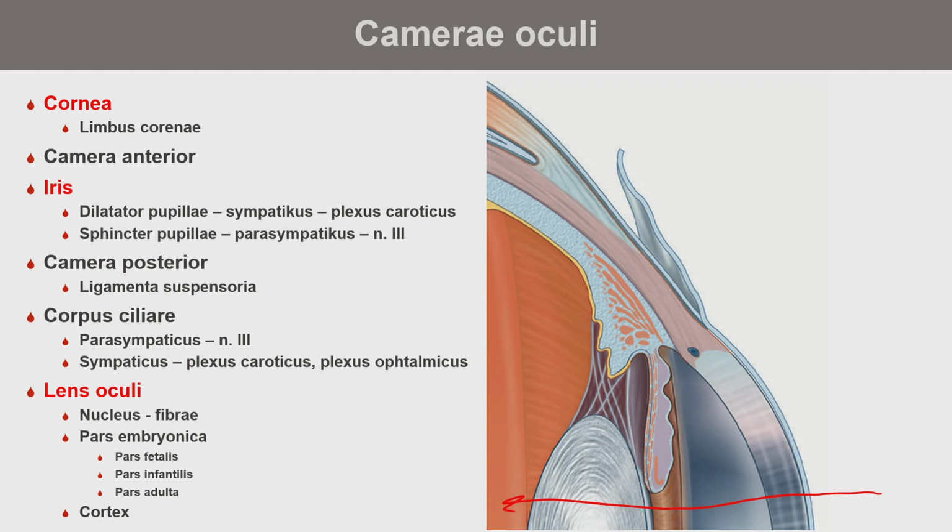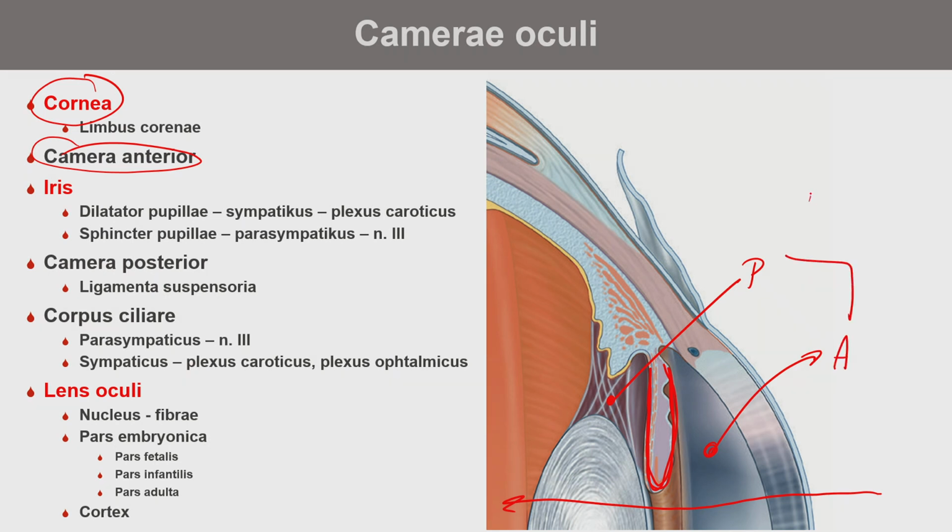The media are cornea, you know it, camera anterior, the anterior chamber is situated here, where is liquor aquosus. The iris is blending the light. Then we have a posterior chamber, and also here is humor aquosus.